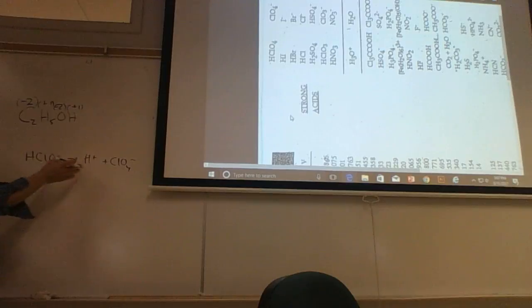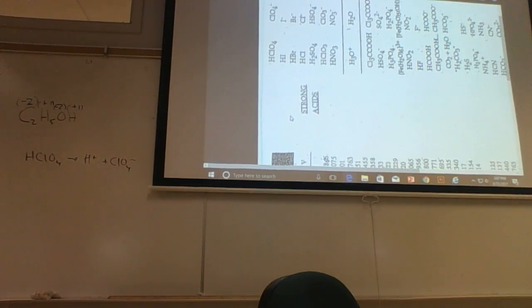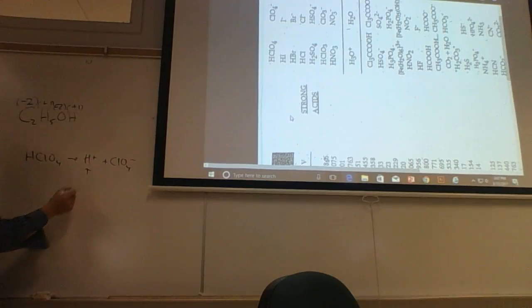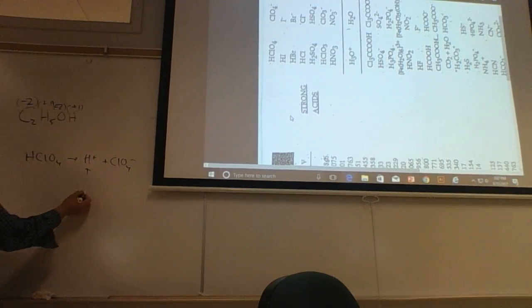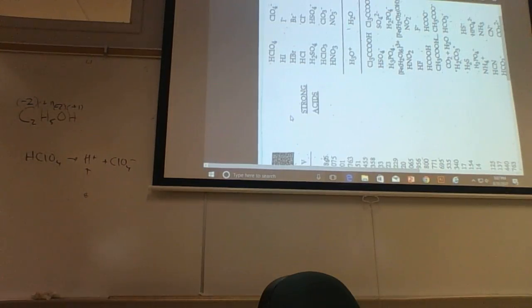HClO4 becomes ionized to H plus and ClO4 minus, right? And H plus, when we think about the composition, what is H plus made out of? A proton. And now the thing about a proton is it's extremely small. Like a hydrogen atom, do you know how big a hydrogen atom is approximately? Approximately how big is an H atom?